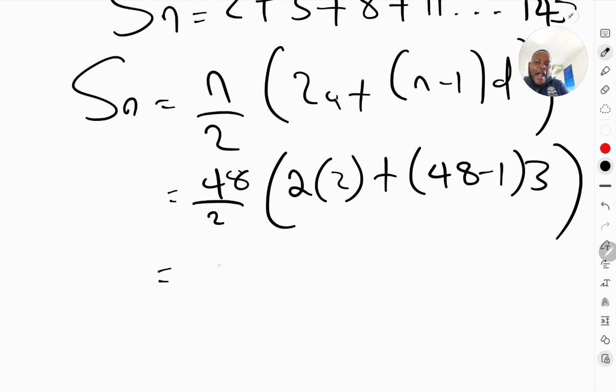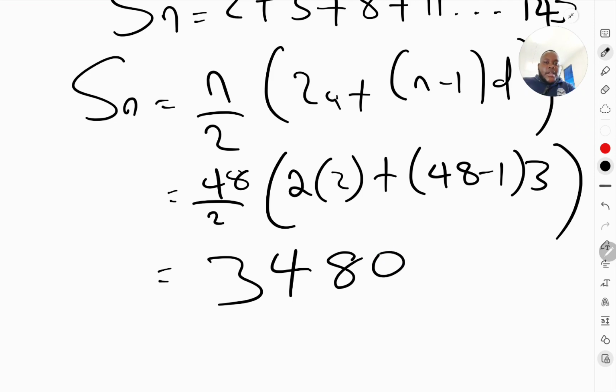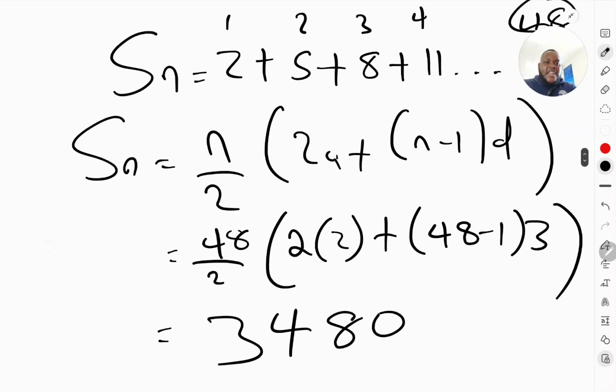Therefore I am going to get 3,480. It means if I add 2 plus 5 plus 8 plus 11 up until 143, the sum of those terms is 3,480.